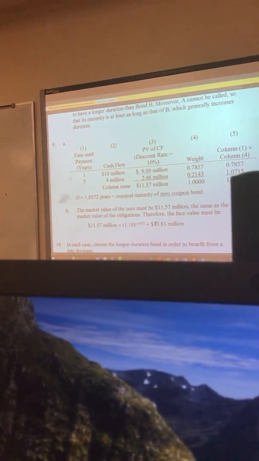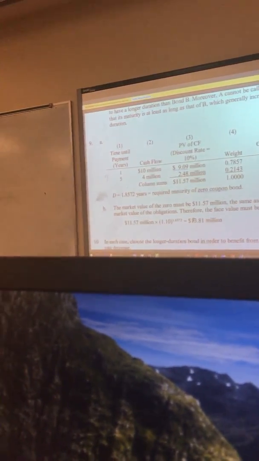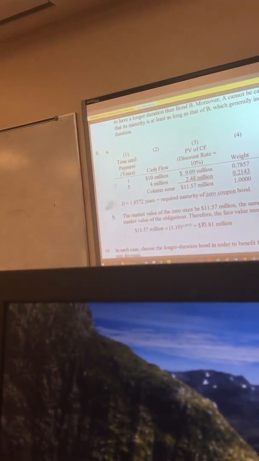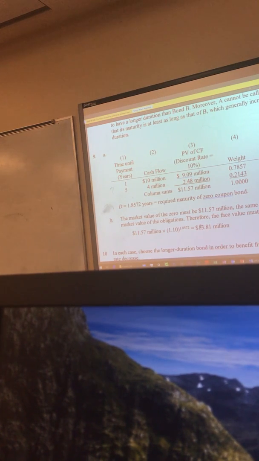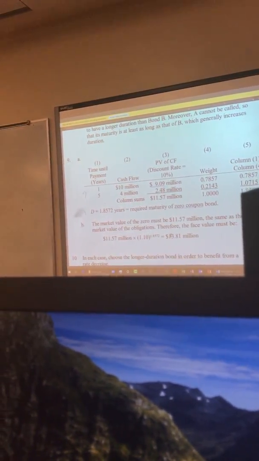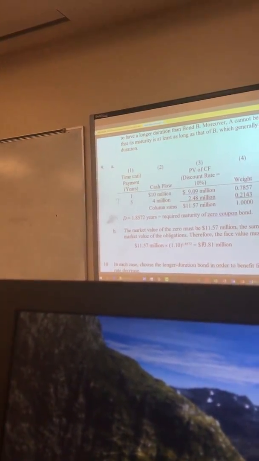Say that again. When we match the duration of a liability, is this a liability? Yeah, it is, right? Insurance company has to pay. What's the duration of this liability? 1.8572 years.